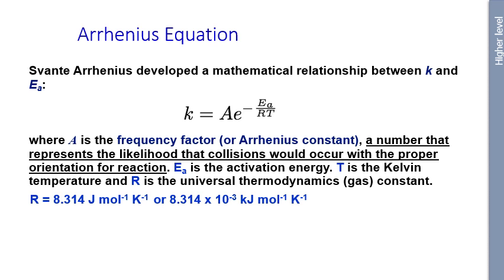Okay, so basically a probability. The activation energy is Ea, and temperature is in Kelvin. And R is, of course, the universal thermodynamic gas constant, which is also in your data booklet.